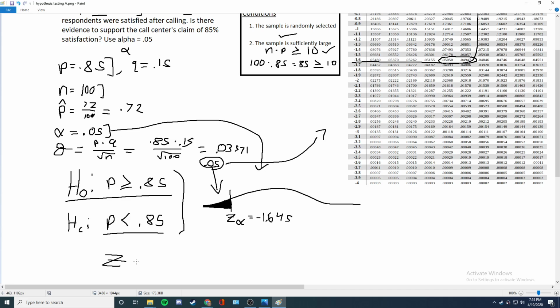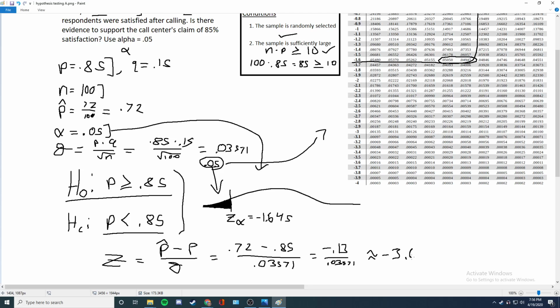Remember that our z is going to be p hat minus p over the standard deviation, which with the numbers that we have is going to be 0.72 minus 0.85 all over the standard deviation, 0.03571. So this ends up giving us -0.13 over the standard deviation, and I calculated that out to be about -3.64.